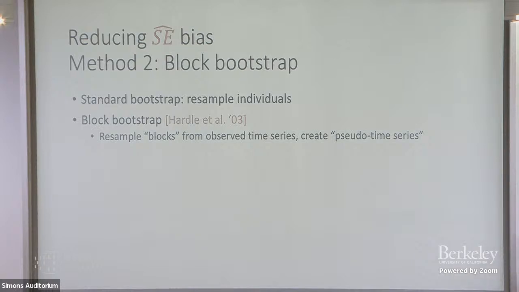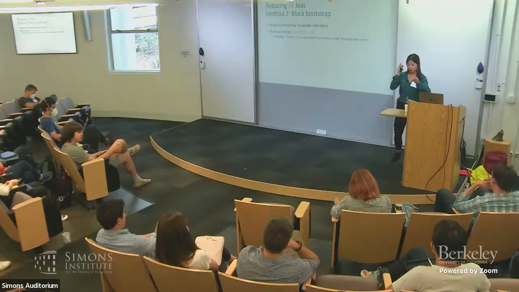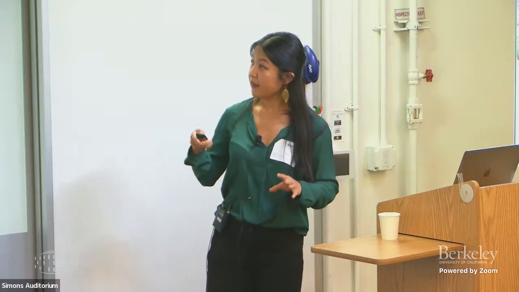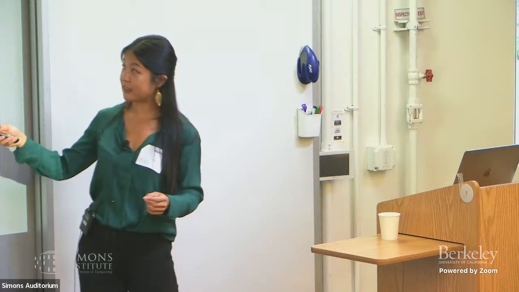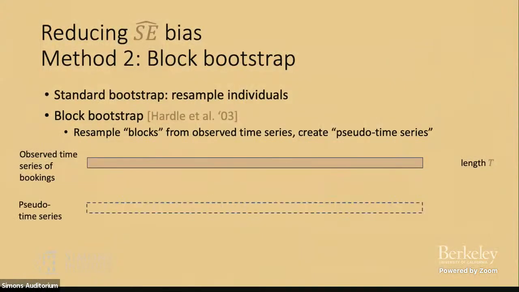What we're going to do here, though, is use a bootstrap technique that's modified for time series data in particular, that really captures this local interference, the fact that you as a customer are also influenced by the customers who came at a nearby time. So we resample blocks from this time series and create a pseudo time series.